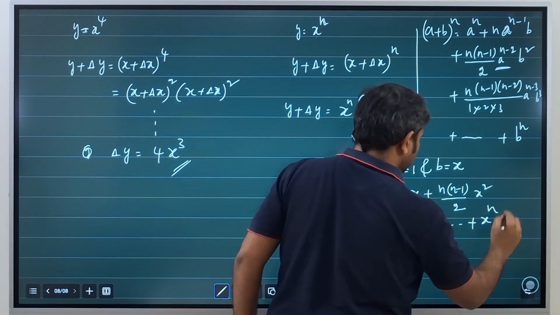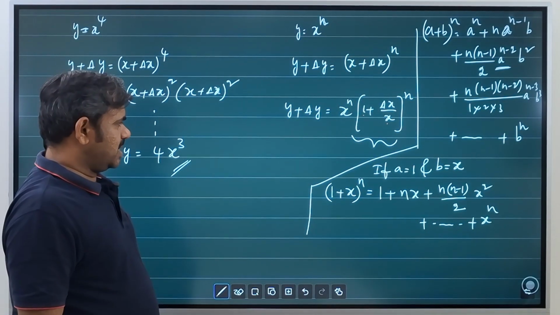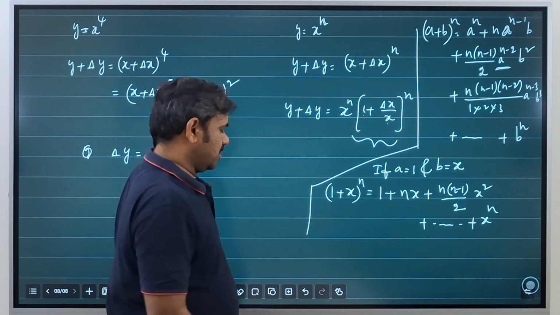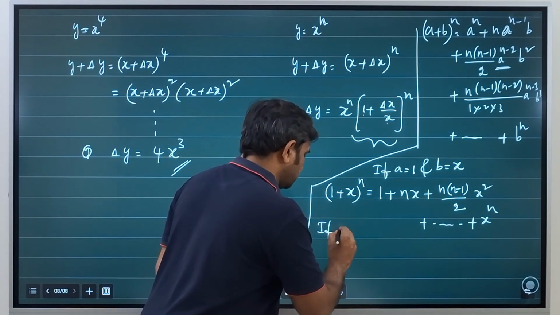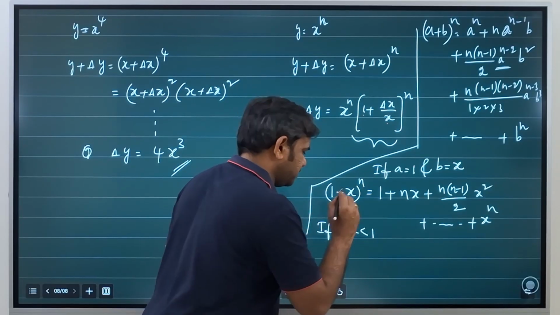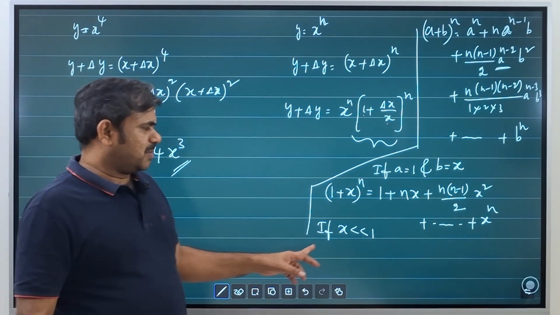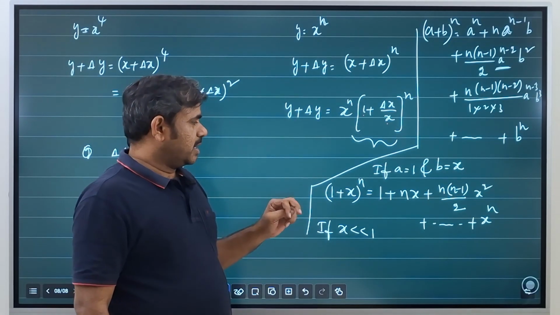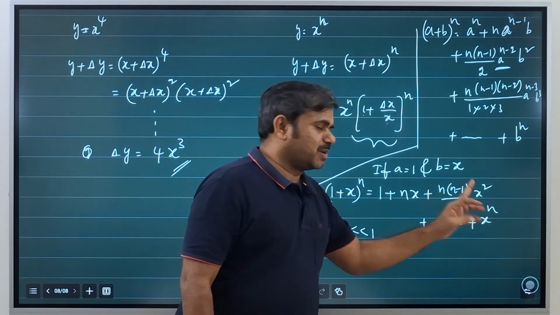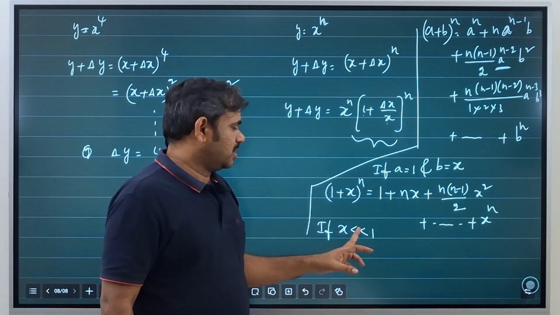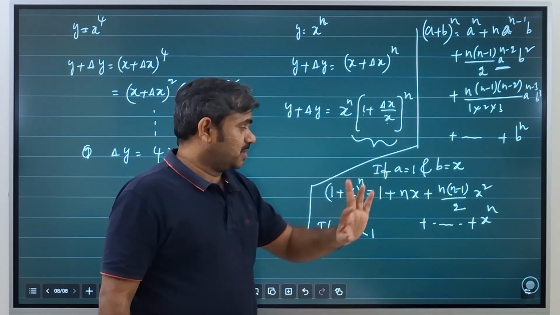Finally, you will have the x^n term. If x is very small, look at this binomial expansion. If x is much smaller than 1, x squared becomes even smaller. n(n-1)/2 is just a number, but x squared becomes even smaller.